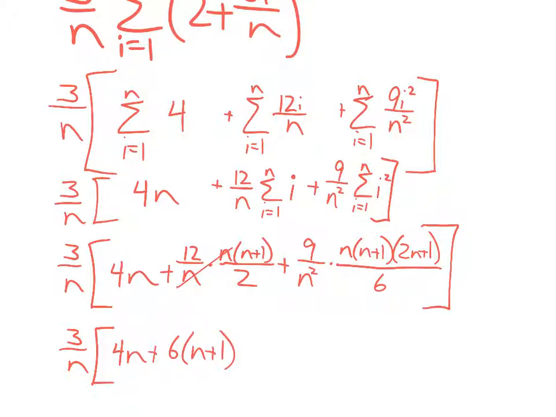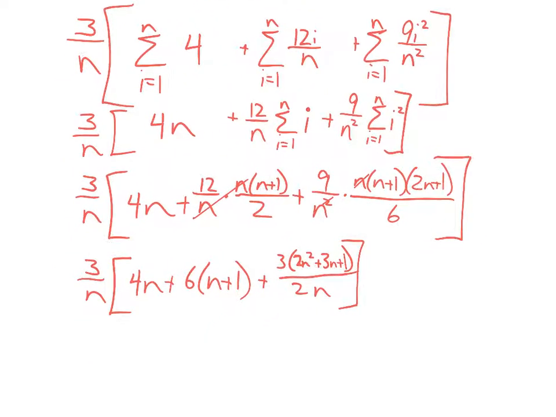And then here I've got an n over an n squared, so that's going to leave just an n in the denominator. 9 over 6 is 3 over 2. And I've got a 2n squared plus 3n plus 1 when I FOIL those parentheses.